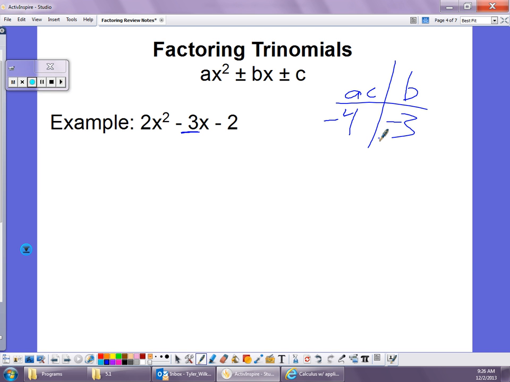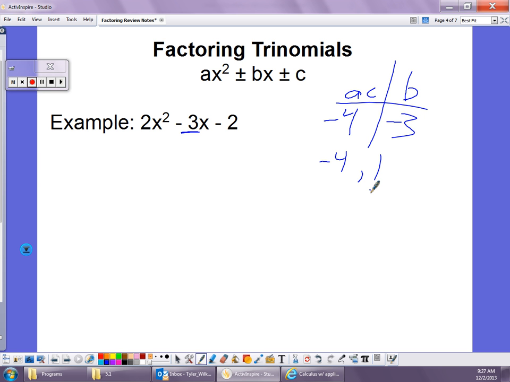So what I'm doing now is I have to find two numbers that multiply to negative 4 and add up to negative 3. Negative 4 and positive 1. Good. Because negative 4 times 1 is negative 4, and negative 4 plus 1 is negative 3.